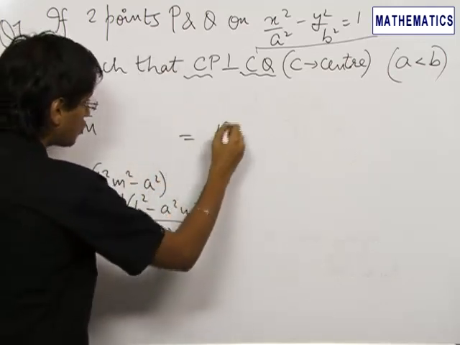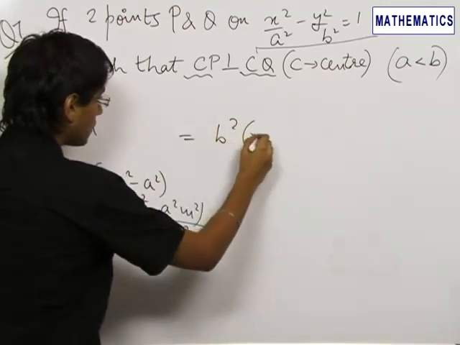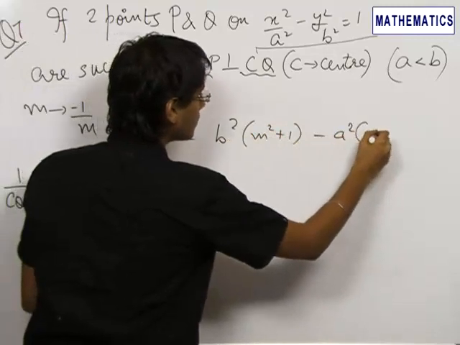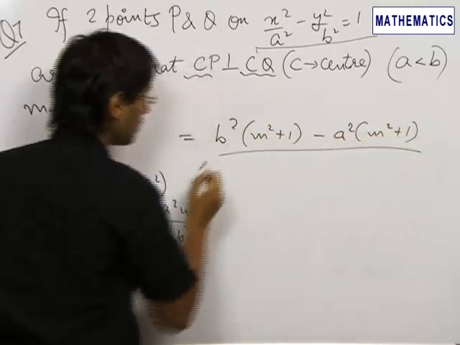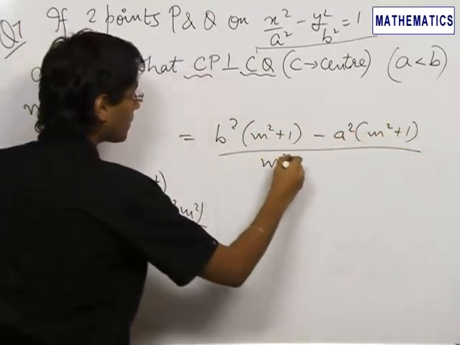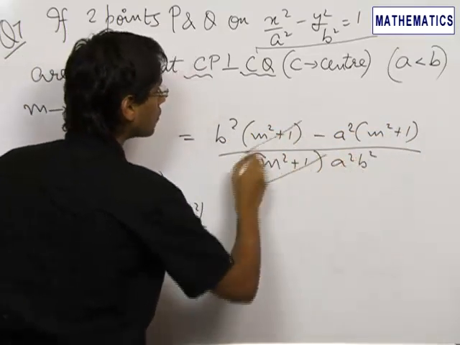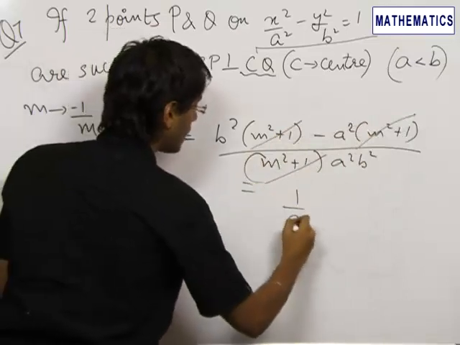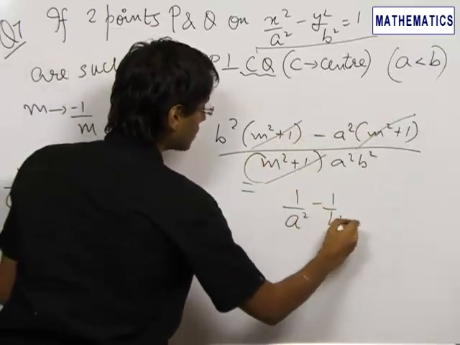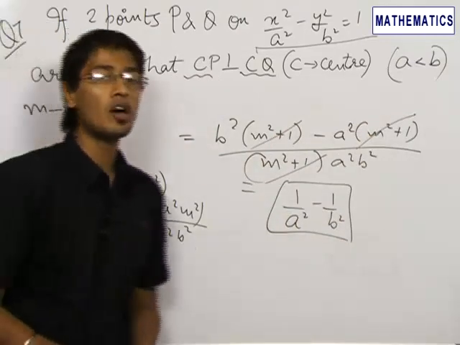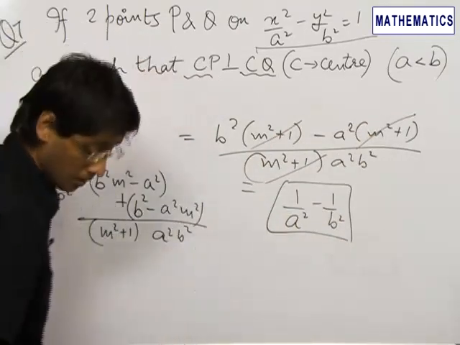We can resolve this: b square times m square plus 1 minus a square times m square plus 1 upon m square plus 1 a square b square. This m square plus 1 gets cancelled and we get 1 upon a square minus 1 upon b square to be the value of 1 upon CP square plus 1 upon CQ square.